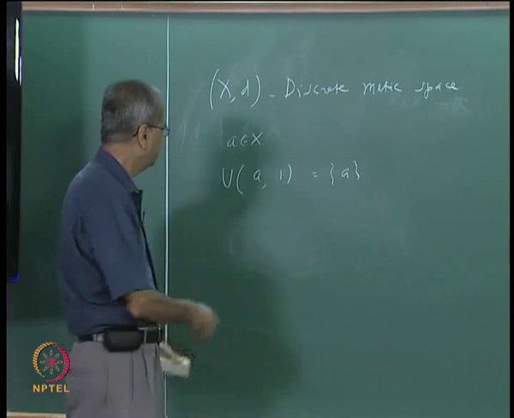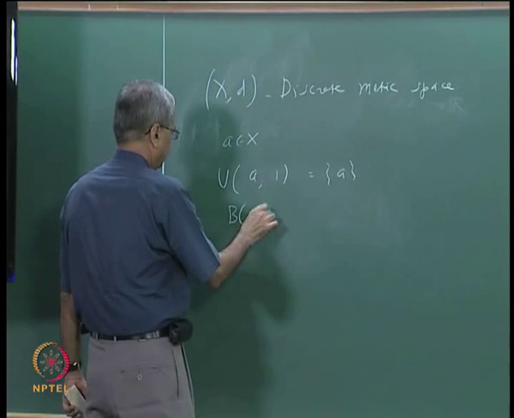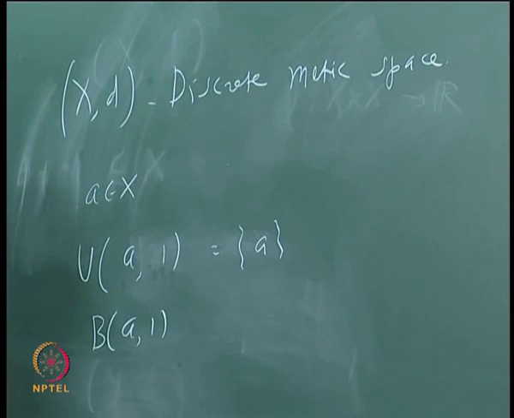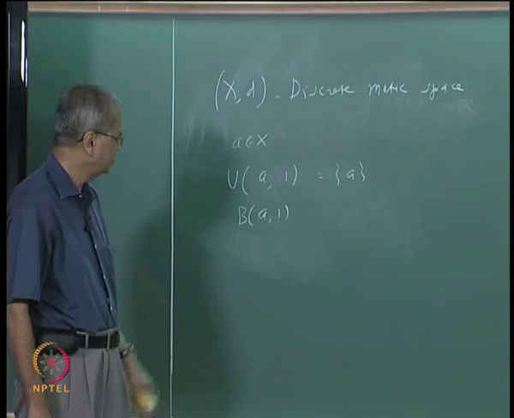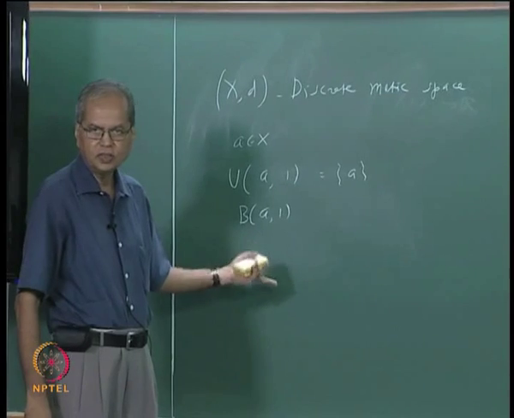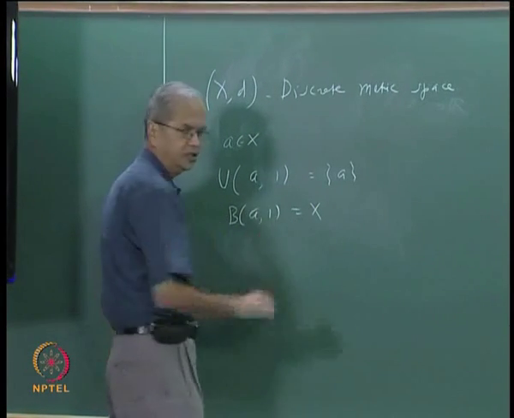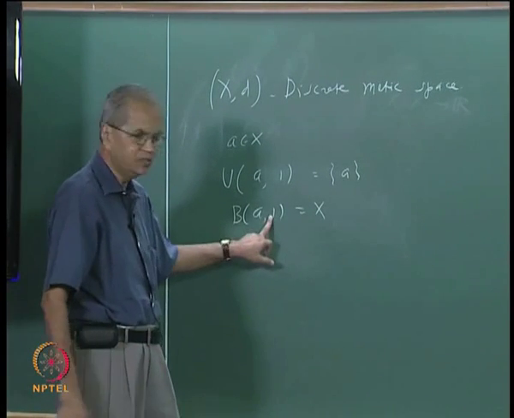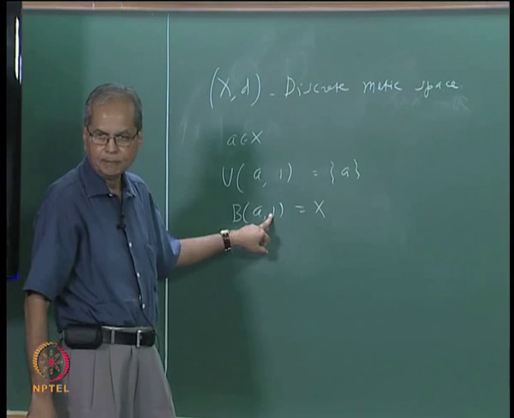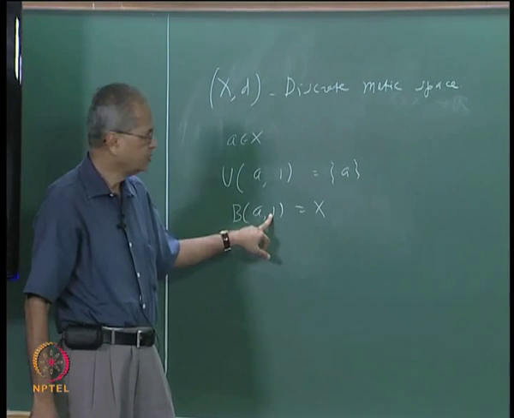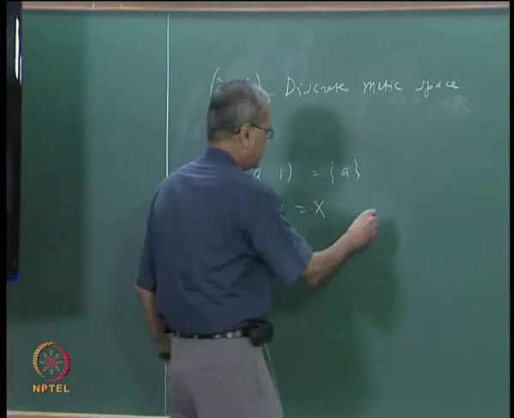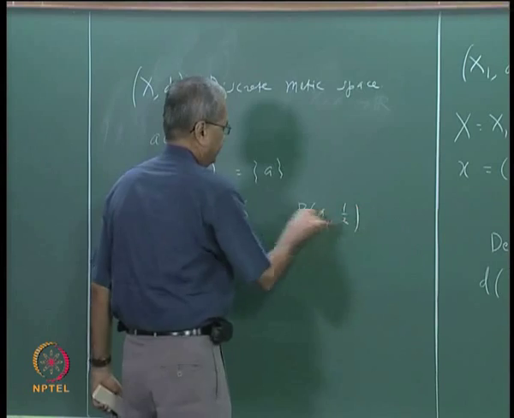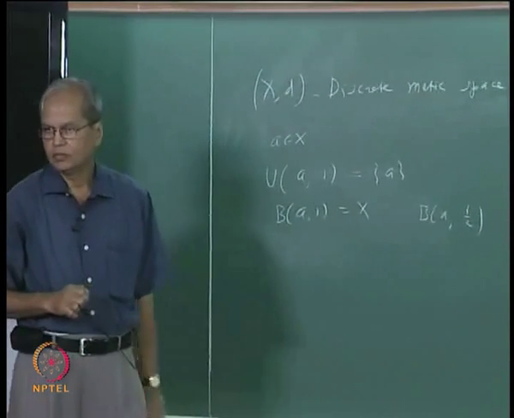Similarly, you can say about B(a,1). Distance between a and a is 0, that is less than or equal to 1, and every other point is at distance 1, so this is X. And if you take any positive number smaller than 1, for example B(a, 1/2), it is just the singleton {a}.